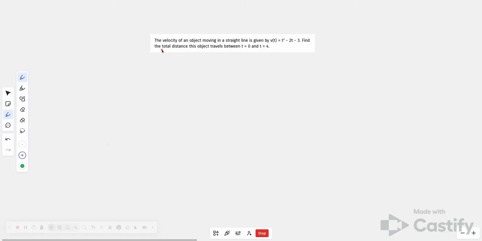So note that the question says total distance, so we're going to need to take the absolute value of the velocity function when finding the antiderivative, to find the total distance. So this can be represented by this integral.